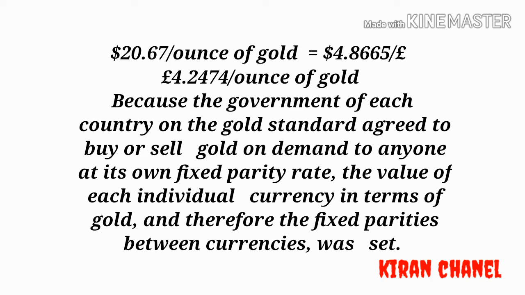Because the government of each country on the gold standard agreed to buy or sell gold on demand to anyone at its own fixed parity rate, the value of each individual currency in terms of gold, and therefore the fixed parities between currencies, was set.